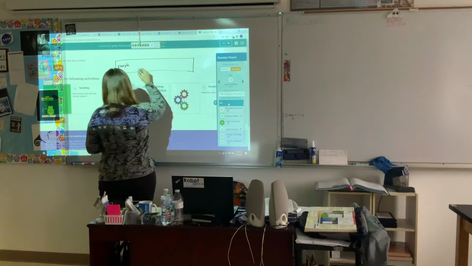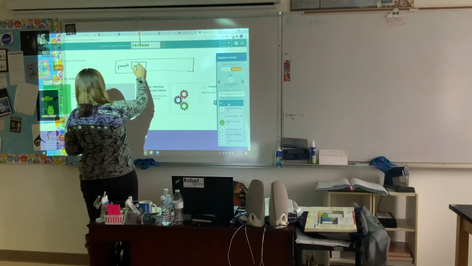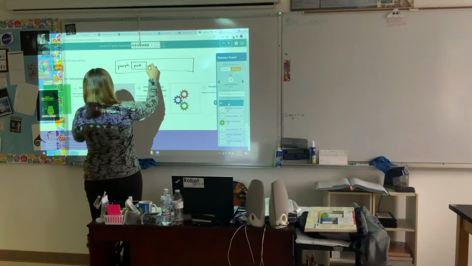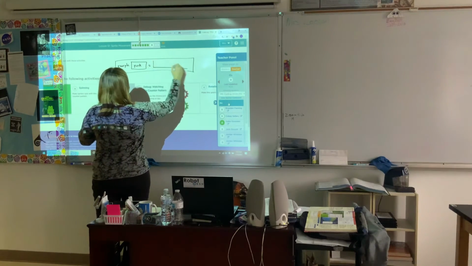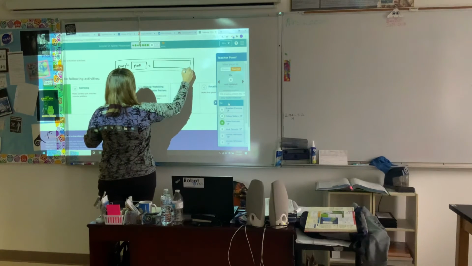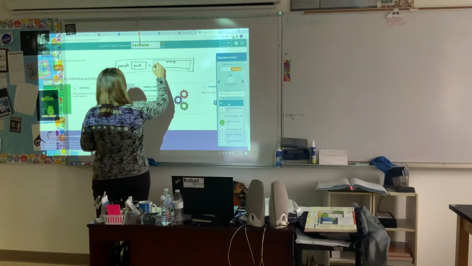And inside that purple block, we're going to have a pink. That's going to equal, this one's going to be orange. And inside of that orange, you're going to have another pink.